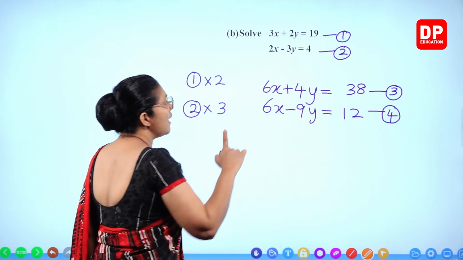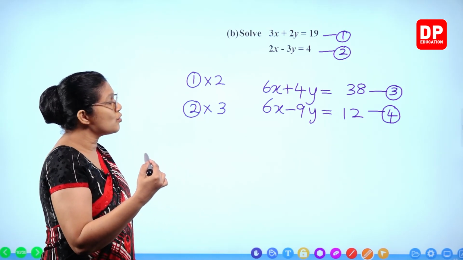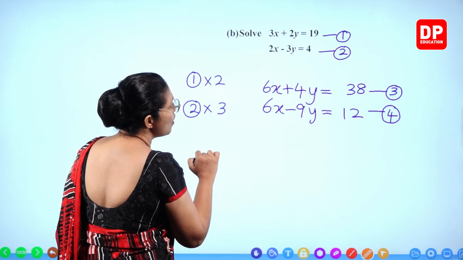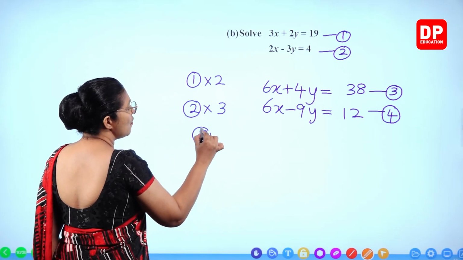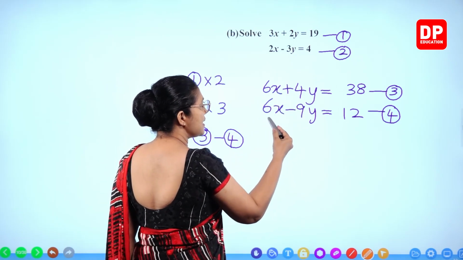Now look at the signs. The signs are the same, so when you subtract the two terms, the x terms get cancelled out. So we'll subtract 3 minus 4. 6x gets cancelled out.